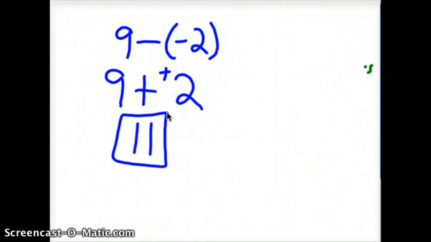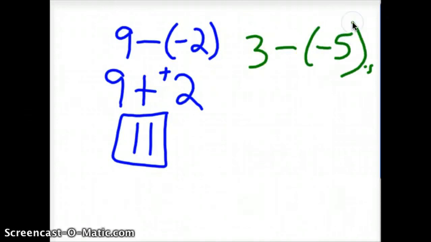So it kind of seems strange that 9 minus negative 2 is 11, but if we show the work with adding the opposite, we see how we get 11. How about 3 minus negative 5? Change it to an addition problem by adding the opposite.